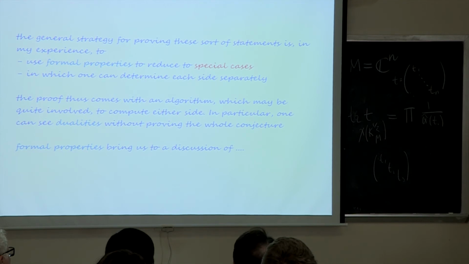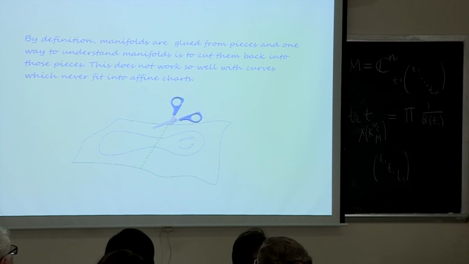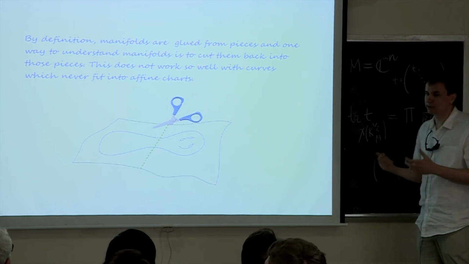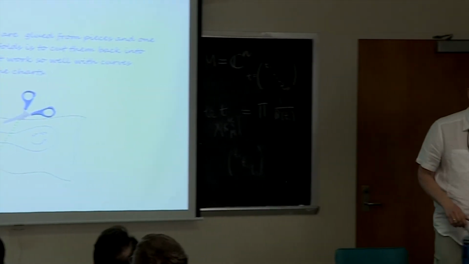So I'm going to talk about these formal properties. So this is part 4, and we'll start with an obvious remark that ideally you would like to deal with manifolds by cutting them into pieces.